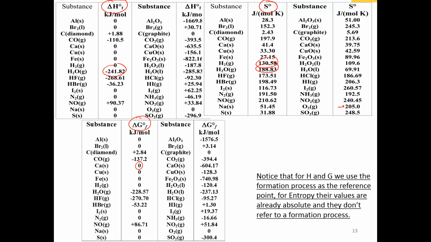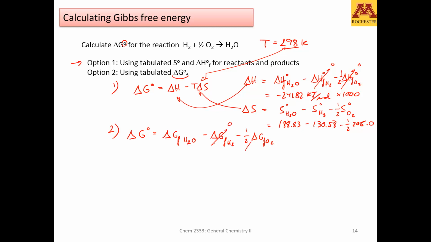Oxygen is here, hydrogen is here, so these two are 0. So if you have access to the tabulated Gibbs free energy data, as you can see, it is a much faster approach, with a caveat that this will only give you the value at 298.